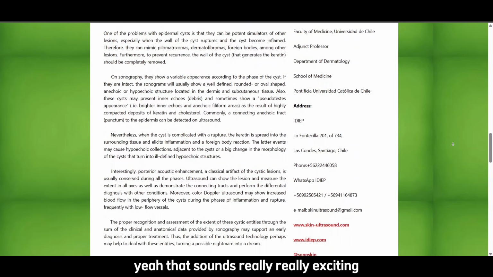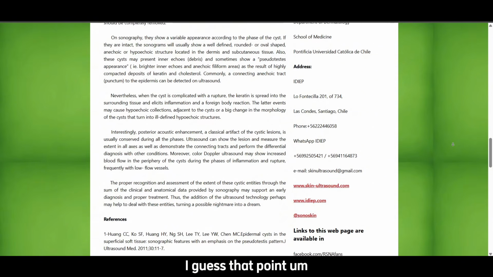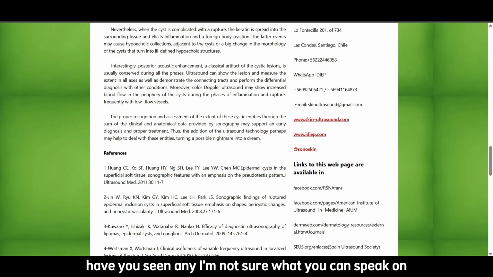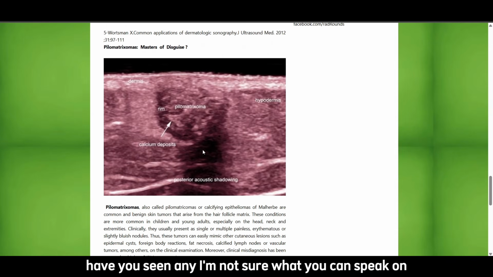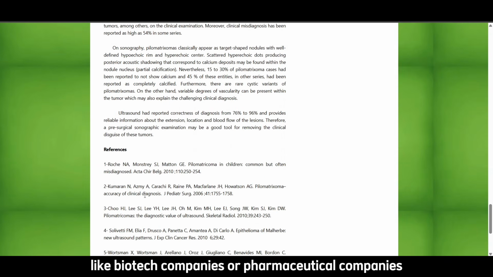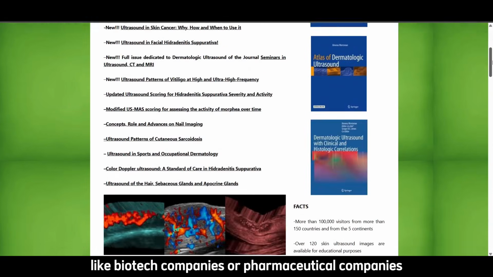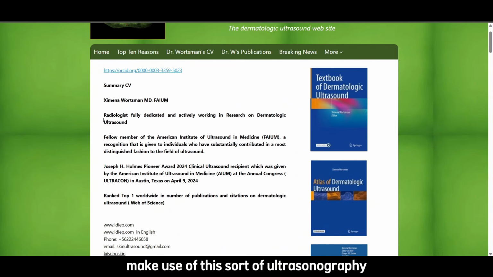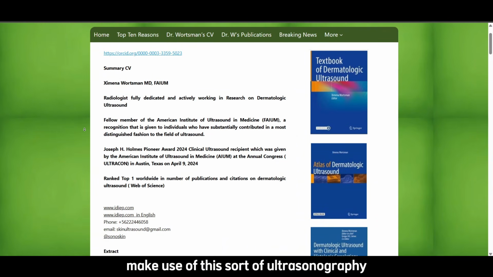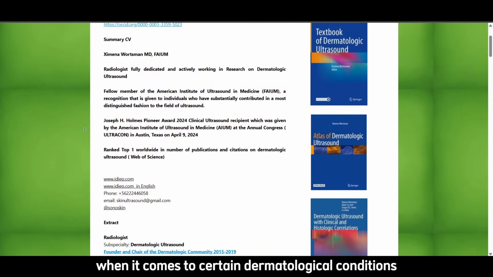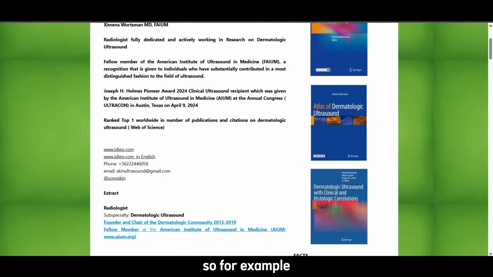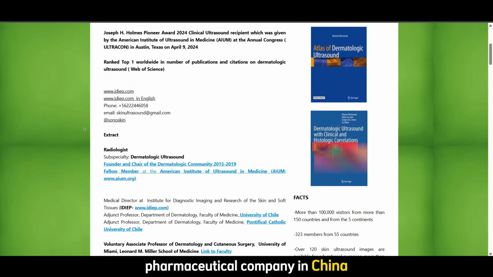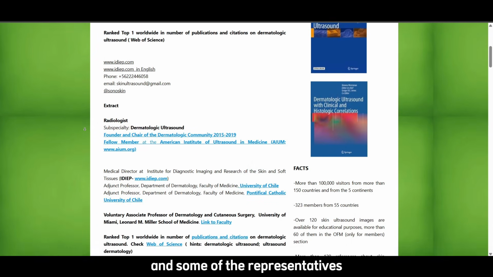Yeah, that sounds really, really exciting. And I guess to that point, have you seen any, I'm not sure what you can speak on, but have you seen any biotech companies or pharmaceutical companies in the dermatological field make use of this sort of ultrasonography when it comes to certain dermatological conditions? So, for example, right, I recently talked to a biotech pharmaceutical company in China and some of their representatives.